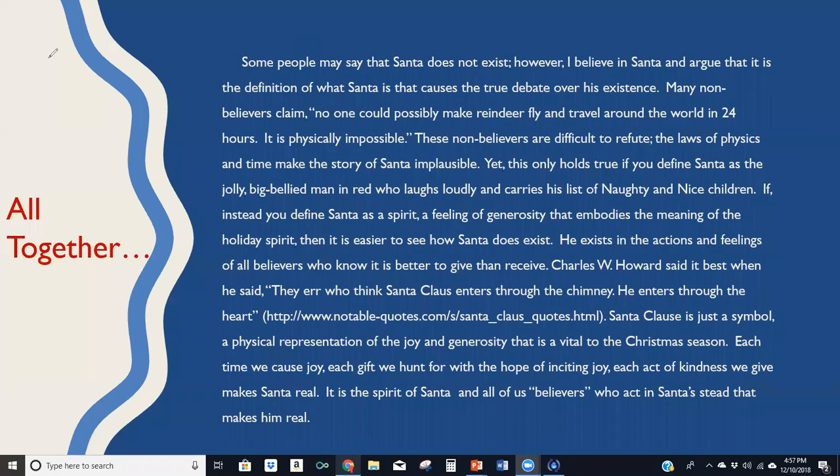I'm going to show you first in yellow where the counterclaim is. So C for counterclaim, okay? That goes from here to right here, okay? And then my rebuttal, I'm going to put in red, R for rebuttal. That goes from here all the way almost down to the very bottom.